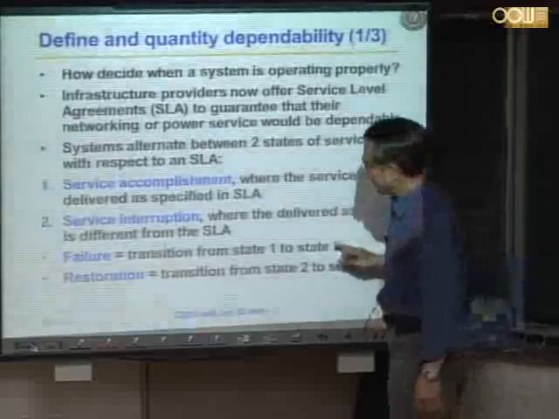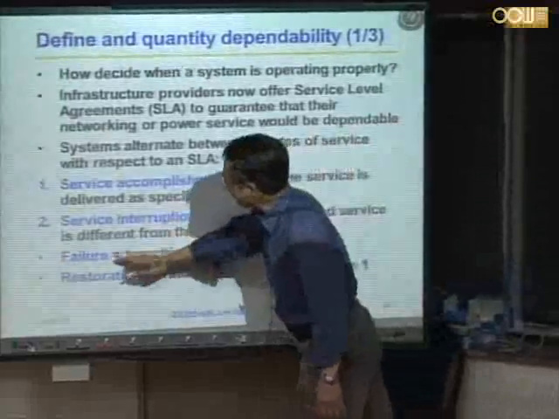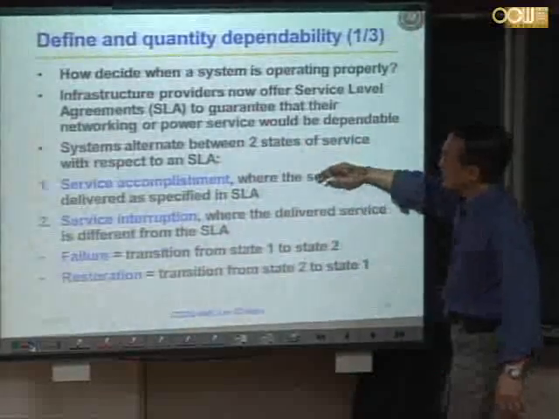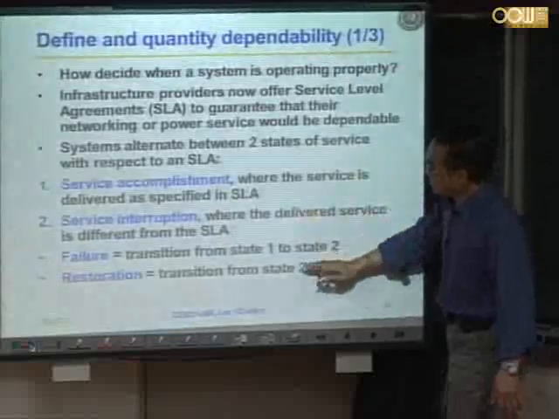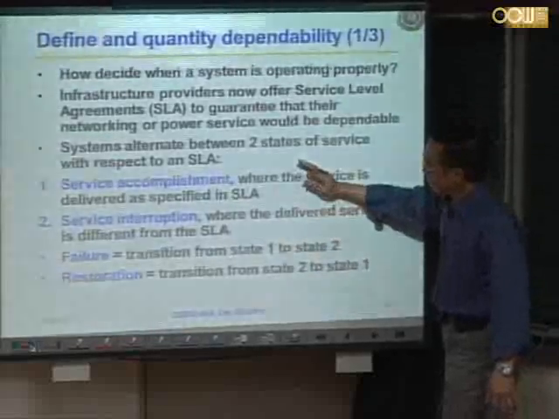We call this a failure. So a failure means the system transitions from this level to that level, and restoration means the transition from this level back to that level.